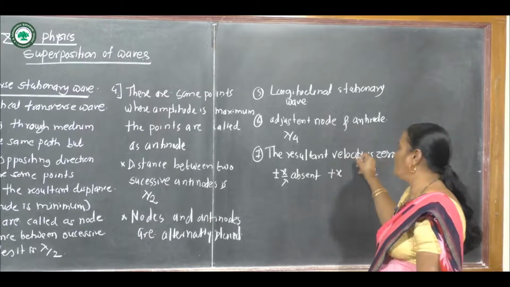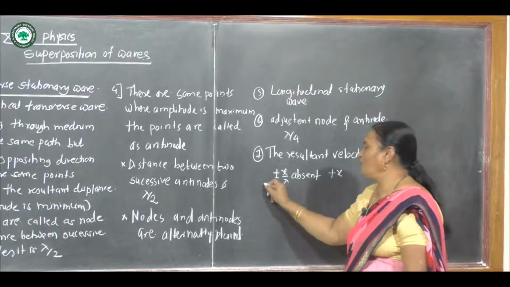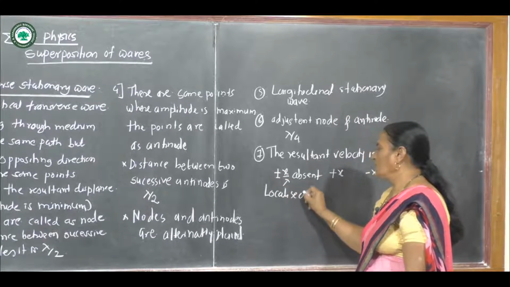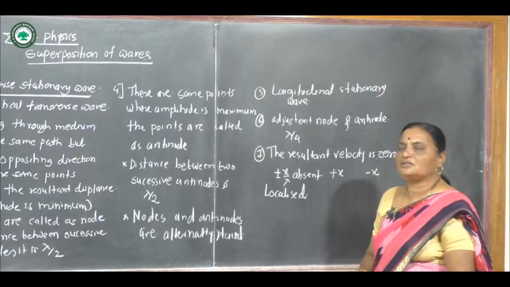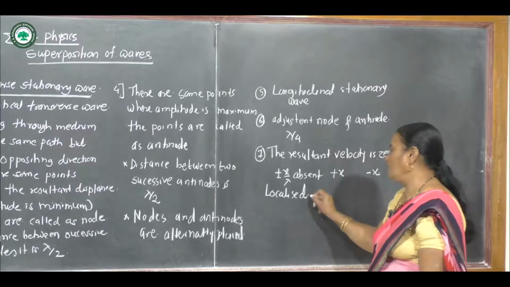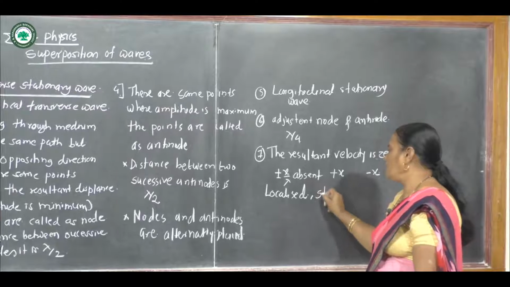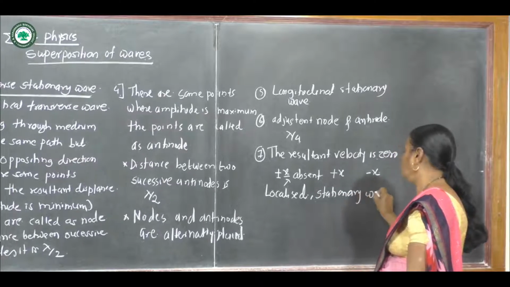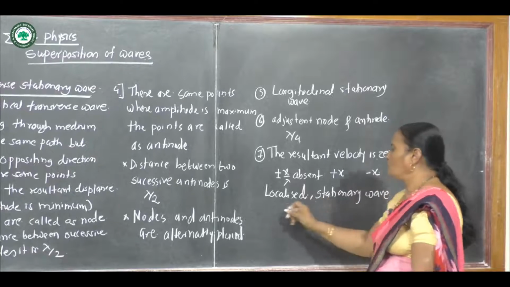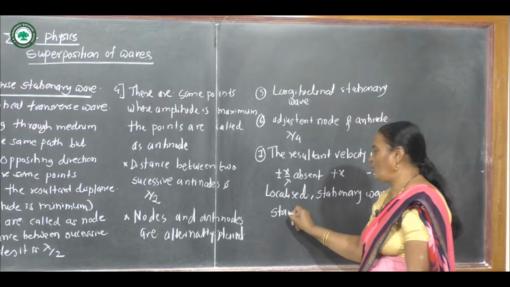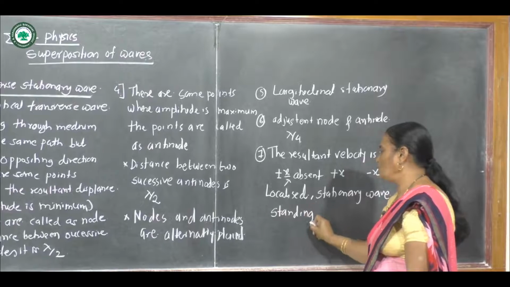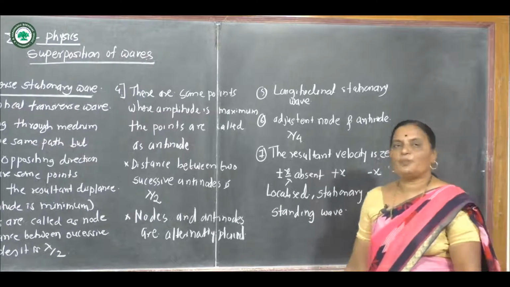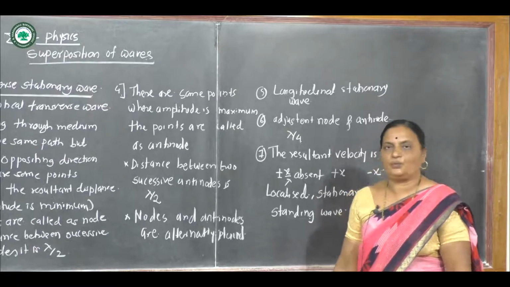The wave is localized and does not propagate through the medium. It is called a stationary wave, also called a standing wave. These are the properties of a stationary wave.